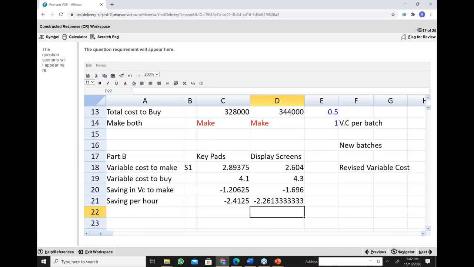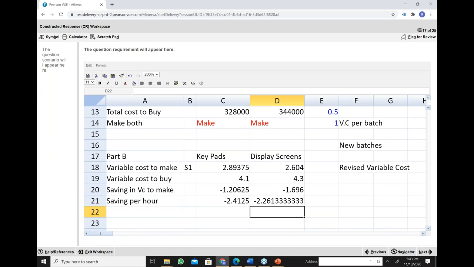Listen, audience, very carefully. Because there is shortage of laborers, right? If you use one labor hour to produce keypad in-house, how much saving will you get by making keypad in-house per hour?